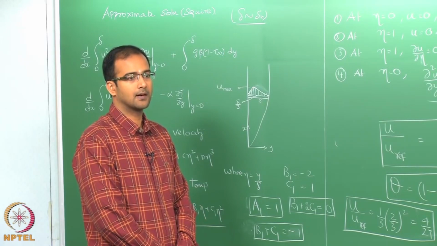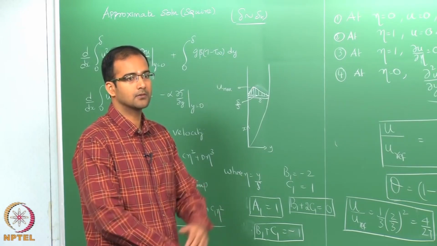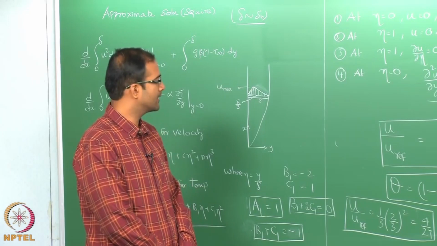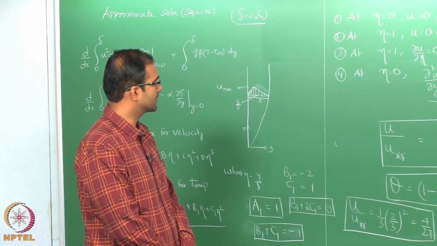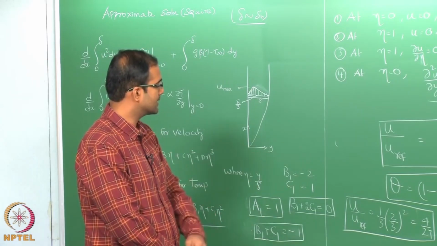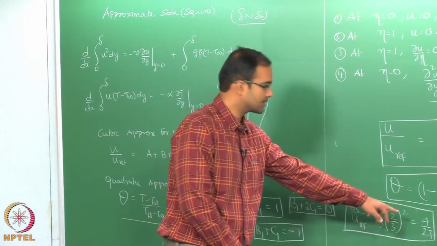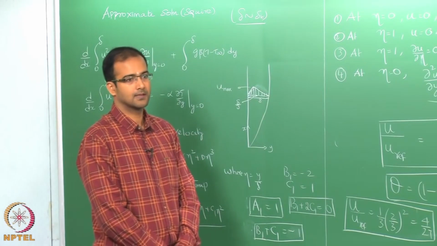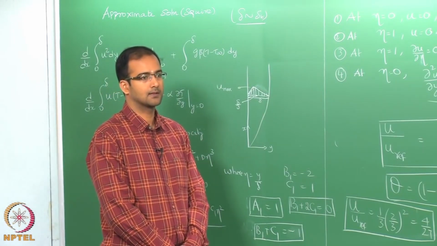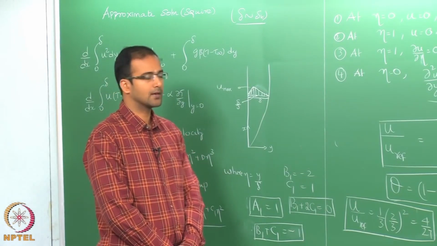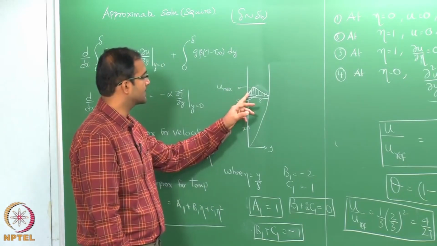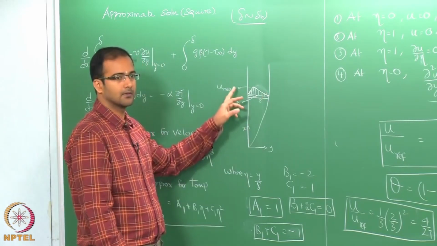If u is equal to u maxima, this is not correct because the location is coming out to be 1 by 3 and also u by u reference is not coming out to be 1, it is coming much smaller than that.